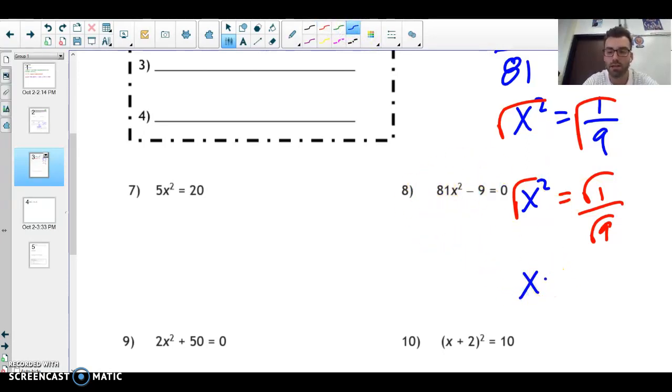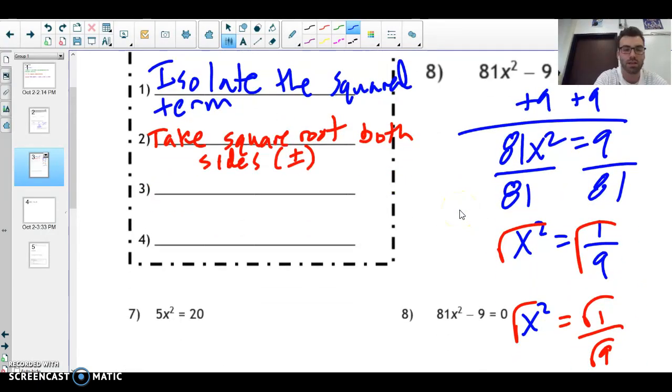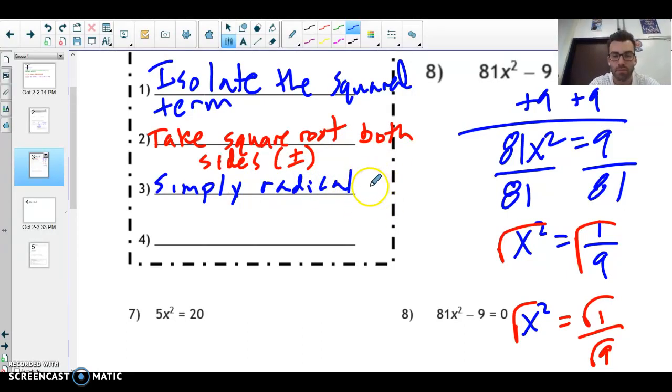So x, like I said, keep the plus or minus. Square root of 1 is 1, the square root of 9 is 3. And always, the next step should be simplify when possible, if it's not a perfect square.